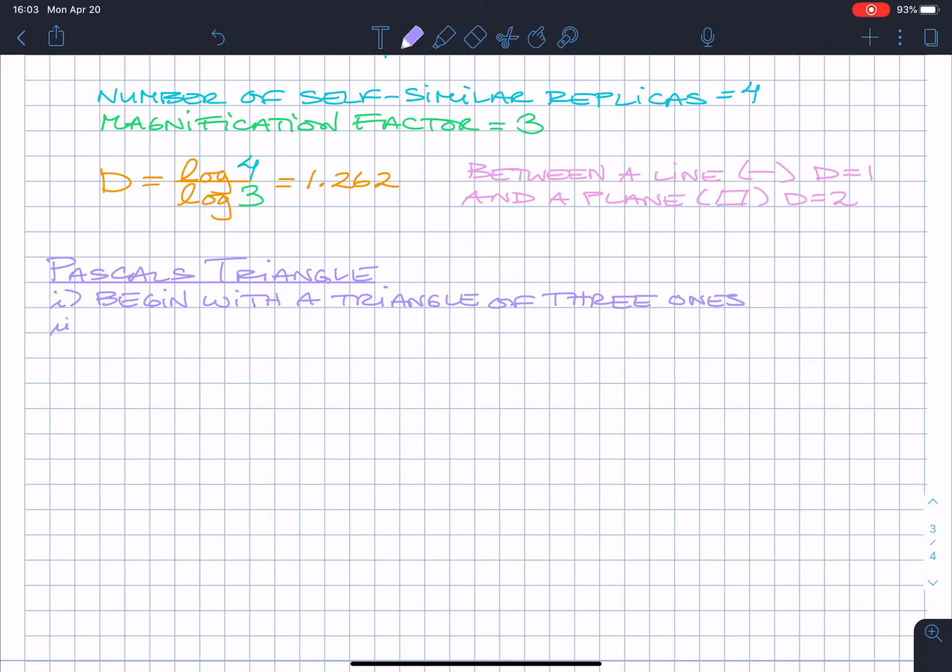Number 2, we begin and end each subsequent row with a 1.